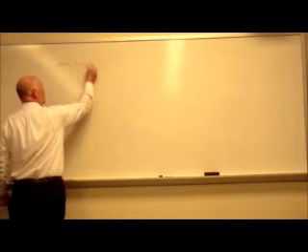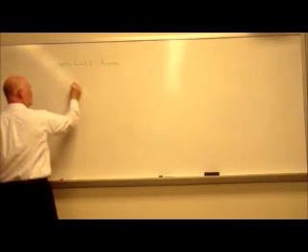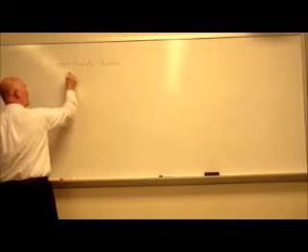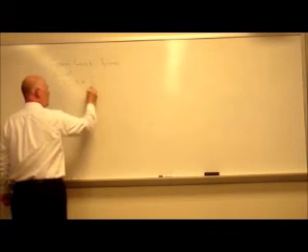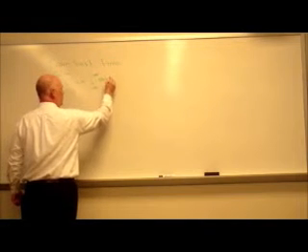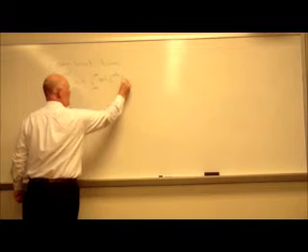So we were talking about Fourier transform. Fourier transform is just x of t times e to the minus j omega t dt.